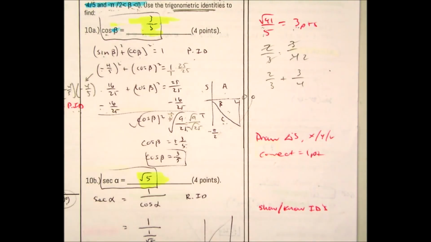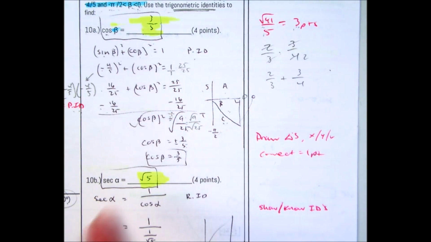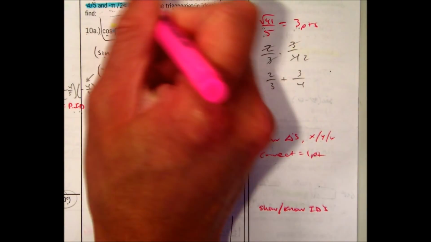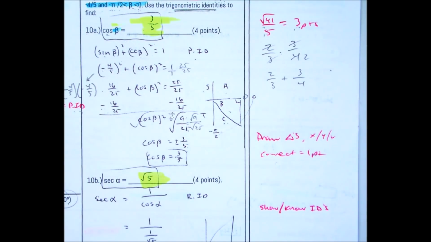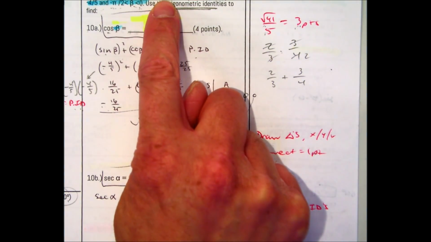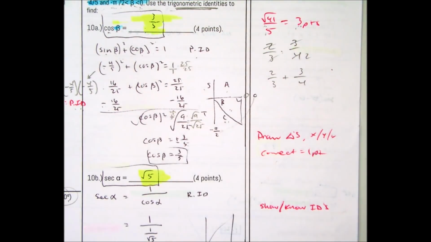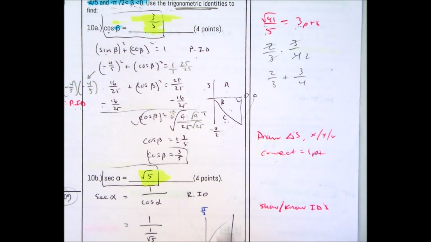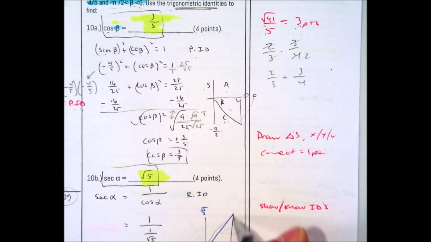Question number 10b. It wants to know the secant of alpha. Well, alpha, you have this information here. Alpha is between 0 and pi over 2. Here's 0, and here's pi over 2 on the unit circle. So that means alpha is here in quadrant 1.